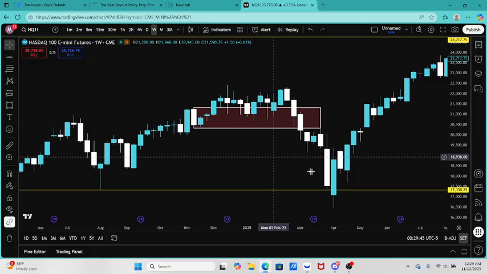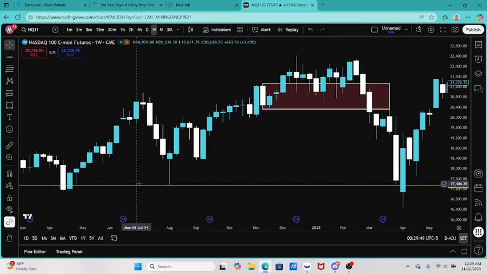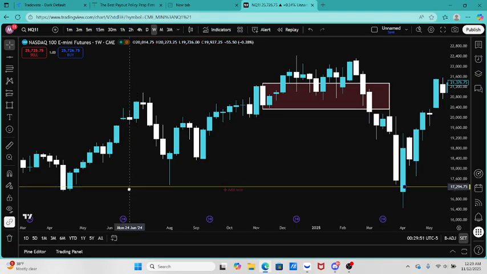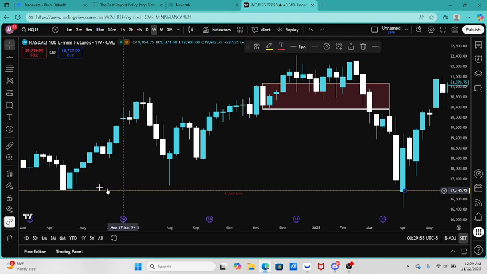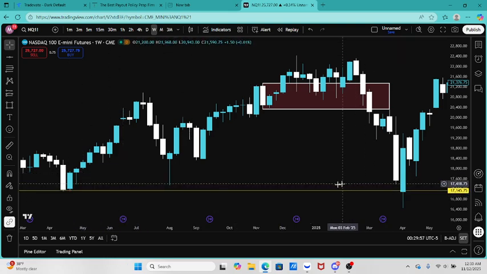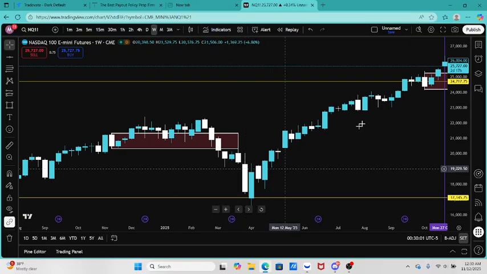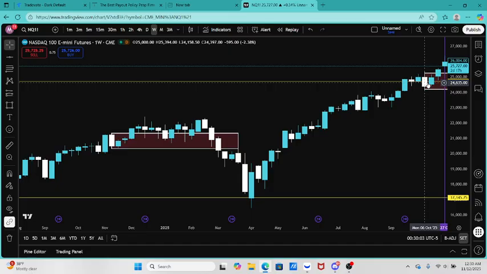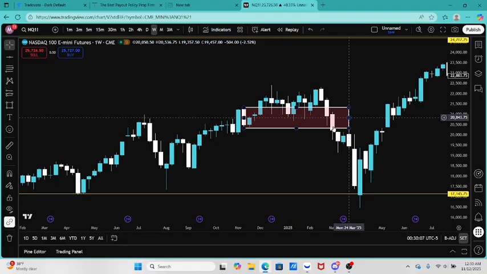Now see how the market just came down to take out this low and this low right here, which would be referred to as equal lows because they're very close together. Just come down to take it out, and then we send higher. Because the market only came down to take out these lows.